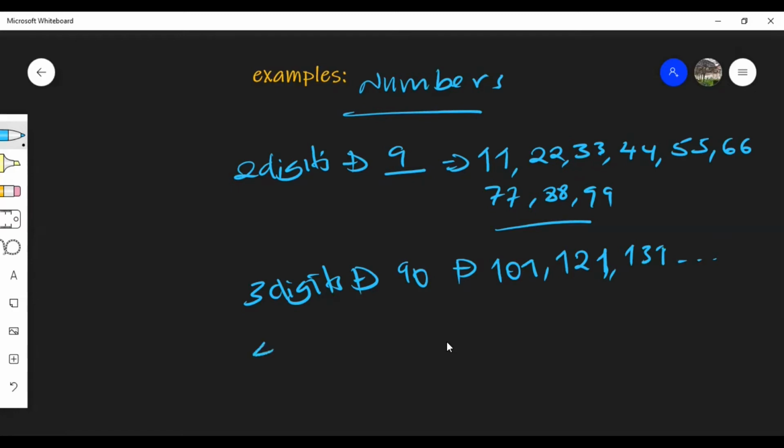And for 4 digits, you also have 90 palindromic numbers. Examples are 1001, 1101, and maybe the last example would be 1221. Just so that you have an idea of how palindromic numbers look.